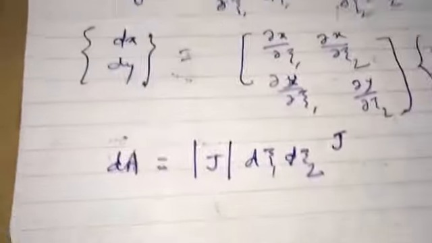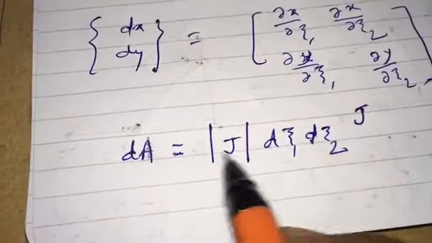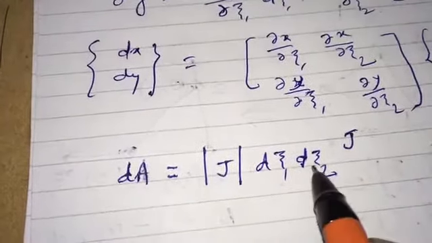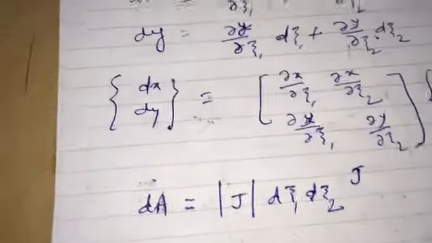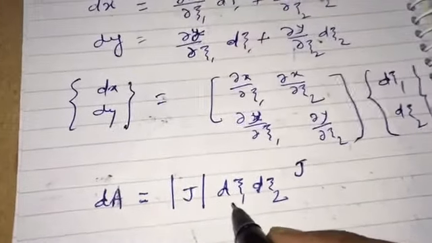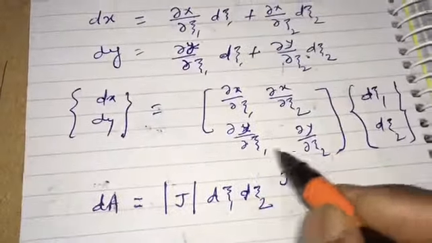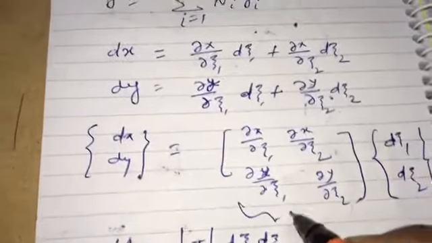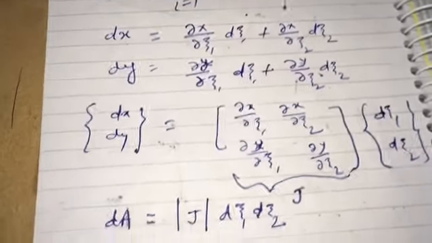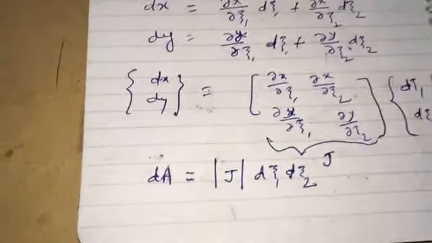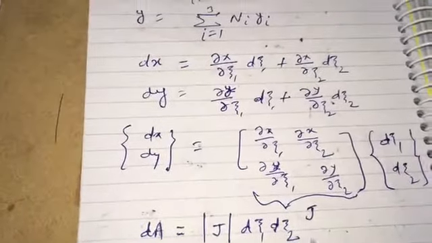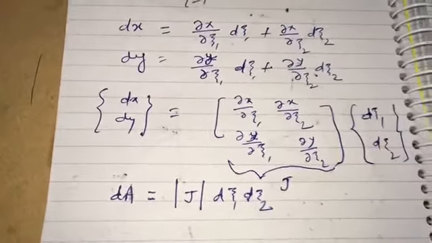So this we can apply, and we have to know the Jacobian. So this is J, this is J here. We have to next find out what J is.